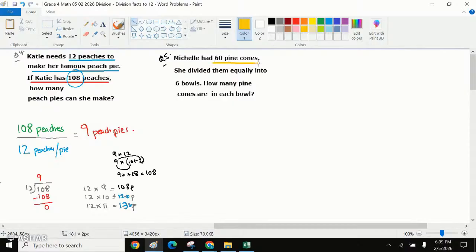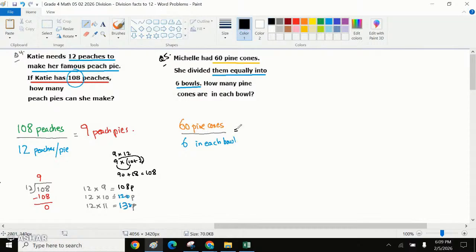So she had 60 pine cones. I would prefer that you do it through the statement, right? So we can say she had 60 pine cones divided by 6 in each bowl.